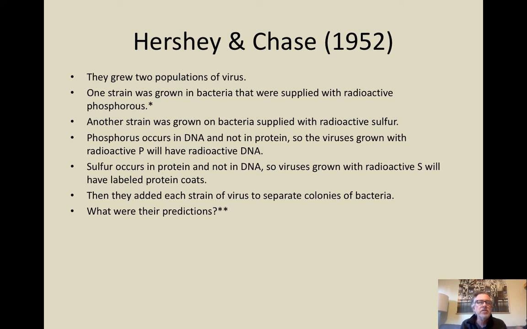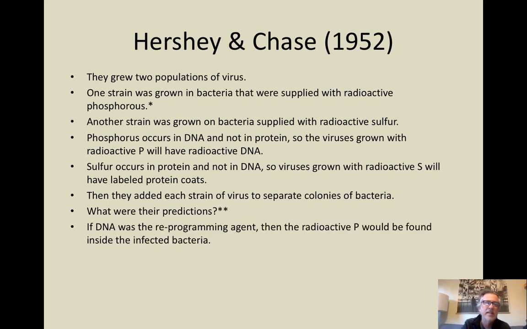And then they used a series of tools that involve centrifugation, and I won't go into the details here, to look to see what went into the cells and what didn't go into the cells. Was it the protein that went into the cells, or was it the DNA? Their prediction was that if it was the protein, then they would find radioactive sulfur inside the cell. And if it was the DNA, they would find radioactive phosphorus inside the cell.